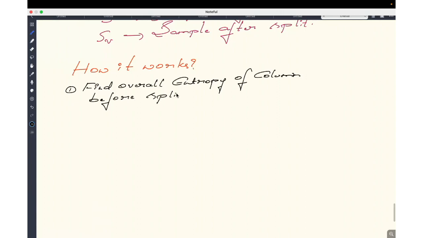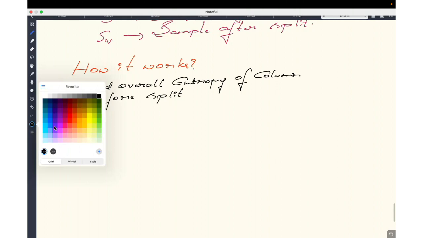That's the first step. It will be found using the target column only.